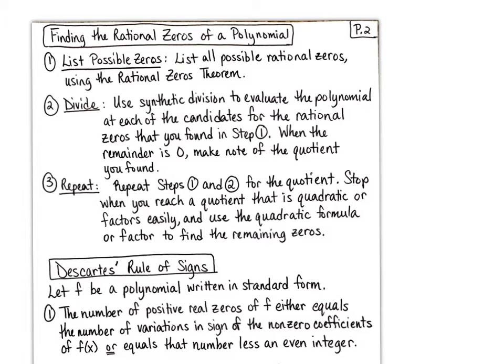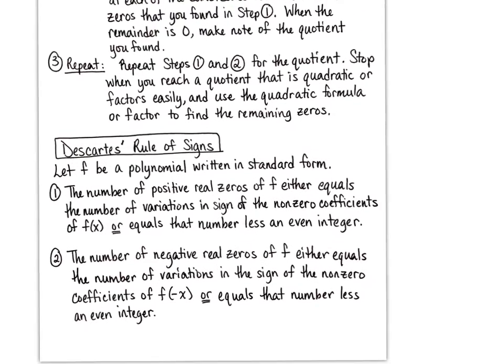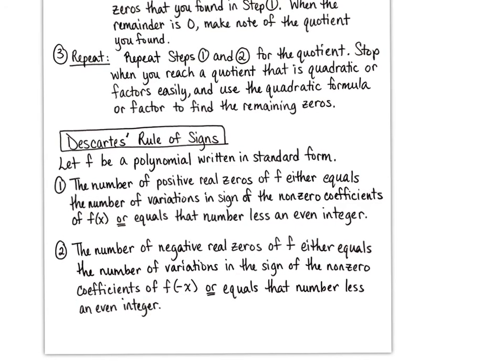Okay? The next rule that you need to know is Descartes' rule of signs. Descartes' rule of signs says let f be a polynomial written in standard form. So in standard form means you have your highest degree first and it's in descending order.